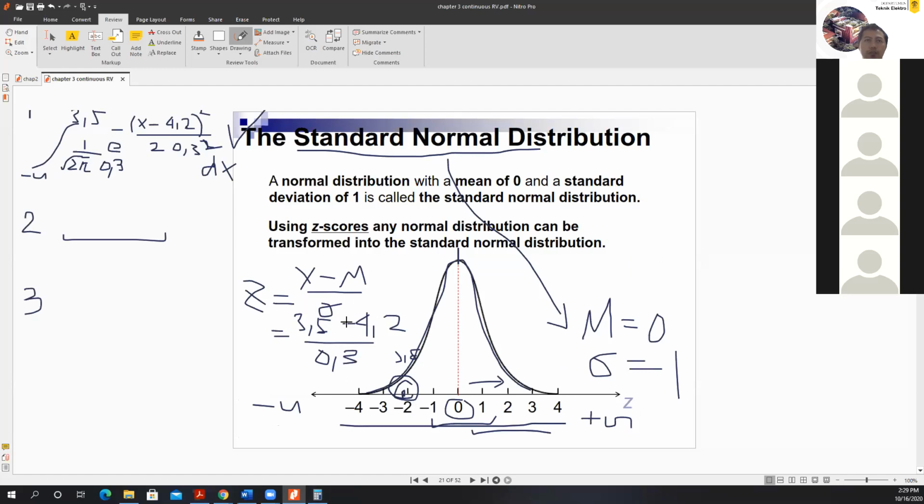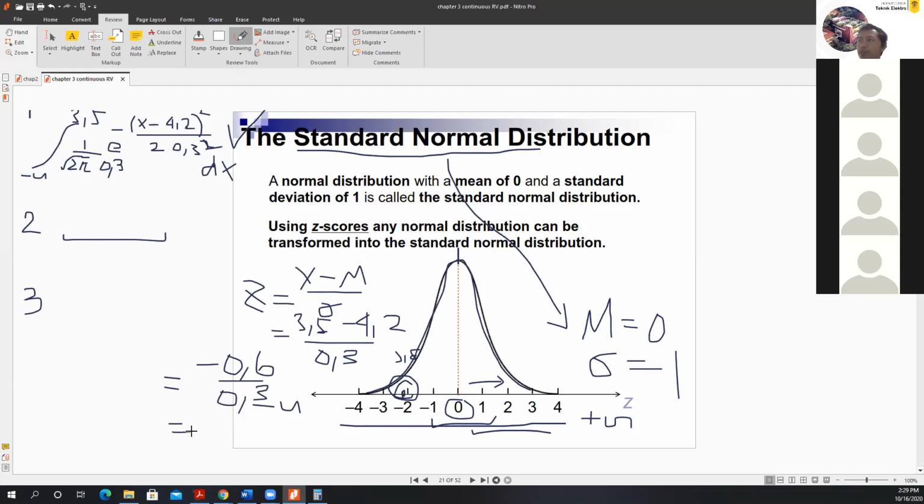It is equal to minus 0.6 divided by 0.3.